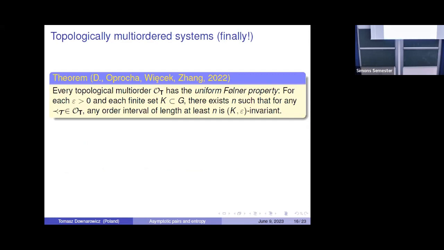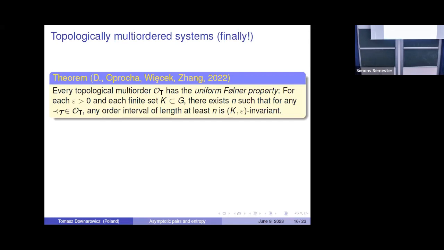Okay. So now we have a theorem which is a very strong Følner property. These topological multi-orders have a very strong topological property, which is as follows. Not only was the usual Følner property that for almost every Pretz, the initial intervals form a Følner sequence.